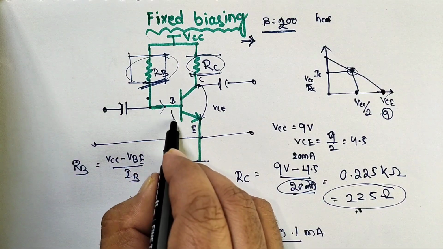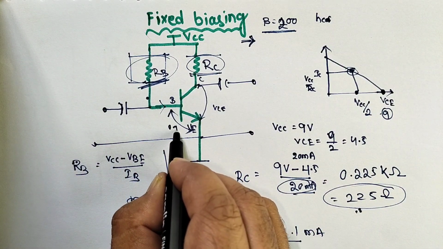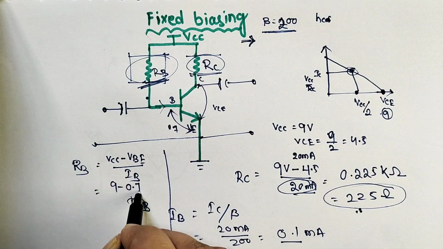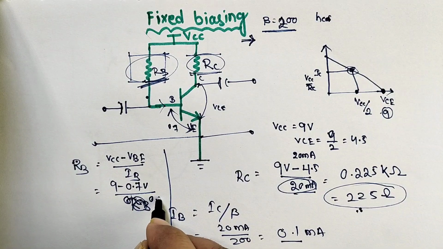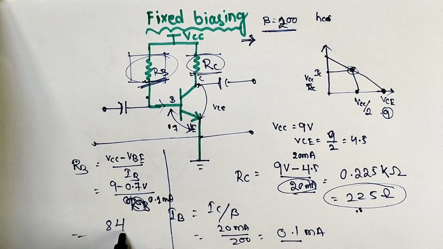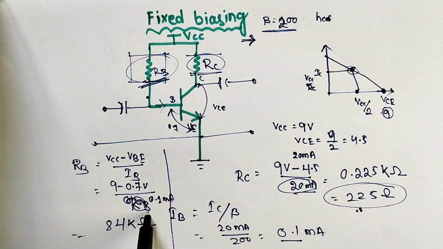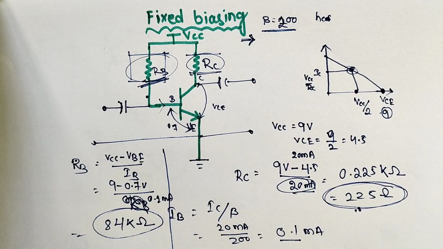Here VBE equals 0.7, because I take a silicon transistor, so there is a 0.7 drop. VCC we already know: 9 minus 0.7 volt divided by 0.1 milliampere. From this we get RB equal to 84 kilo ohm. Once we fix the design, RB is 84 kilo ohm and RC is 225 ohm.